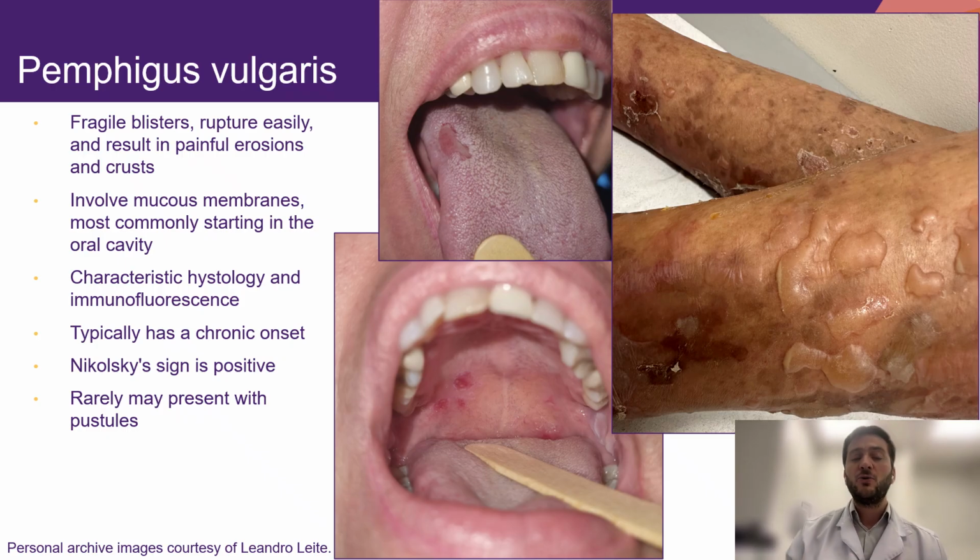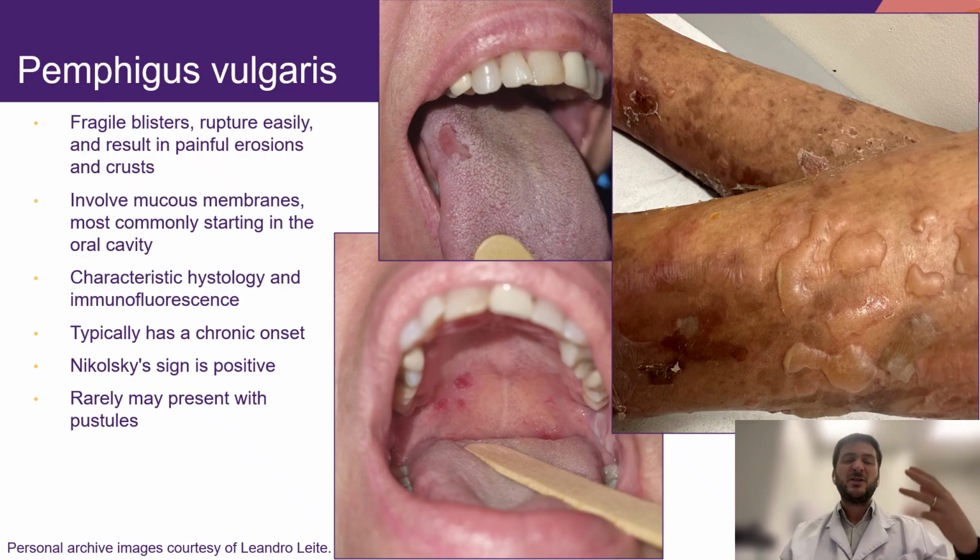So oral lesions are many times the first clinical feature, and many times also the main clinical feature. So that's very common, and that usually can help to differentiate between these two diseases.